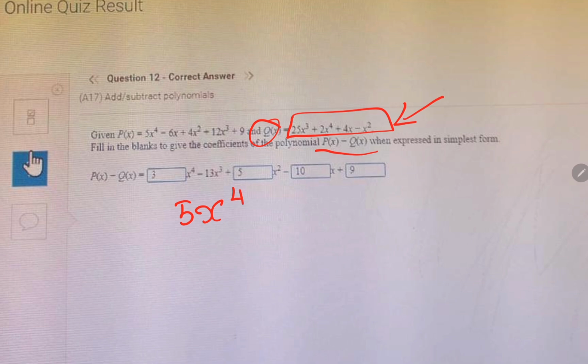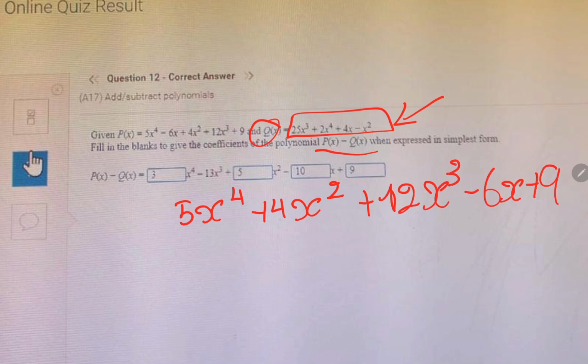We're gonna put it in standard form, where we go by decreasing exponent number. So first 4, then 3, then 2, then 1, then none. So 5x to the power of 4 plus 4x to the power of 2 plus 12x to the power of 3 minus 6x plus 9.